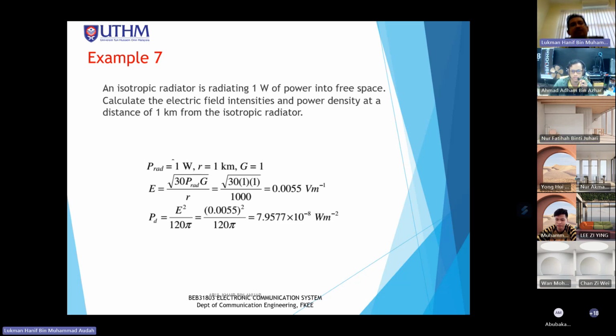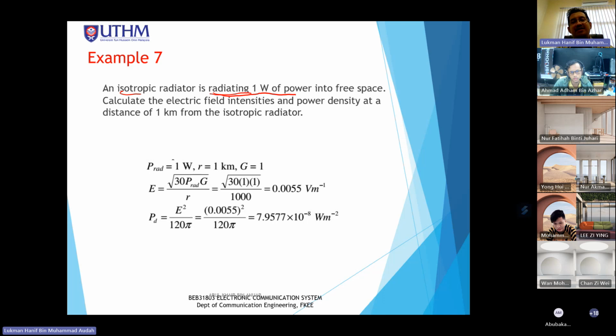Okay, so let's do this example, example 7. An isotropic radiator is radiating 1 watt of power. What does it mean?